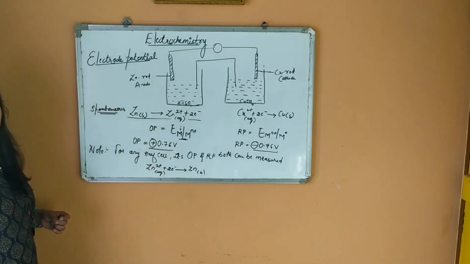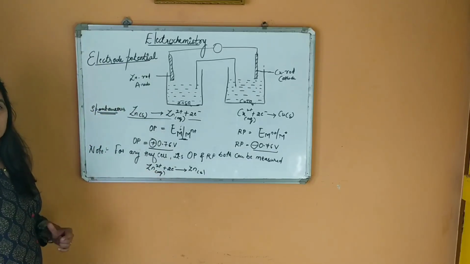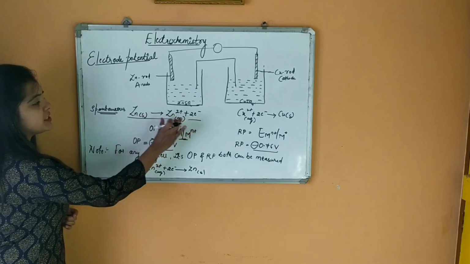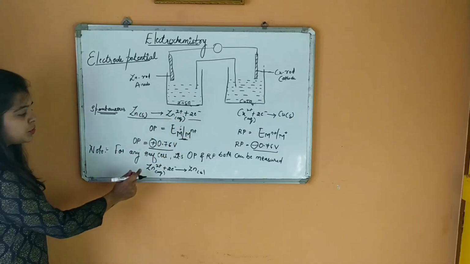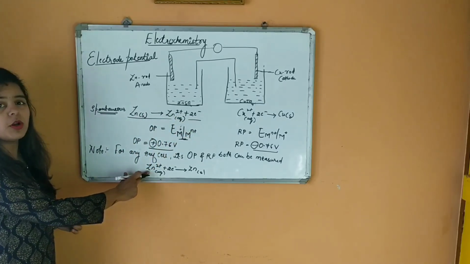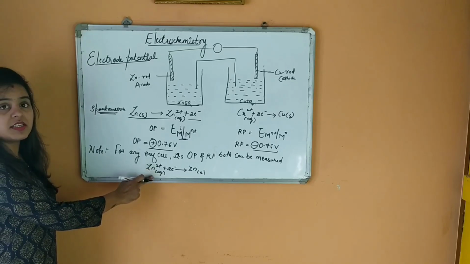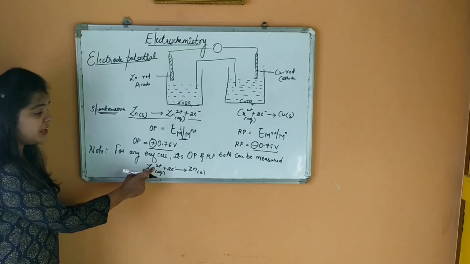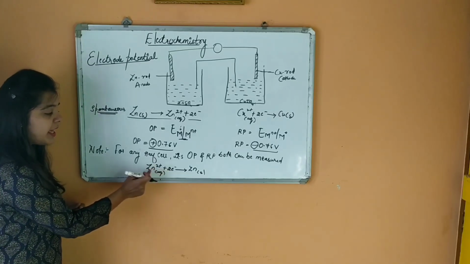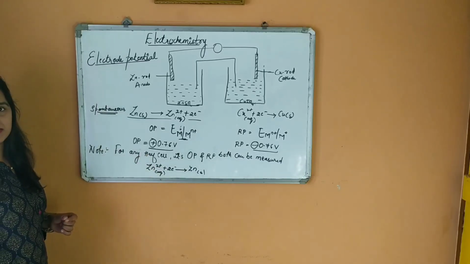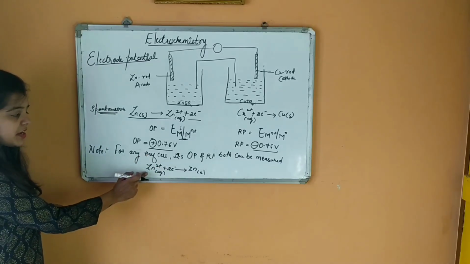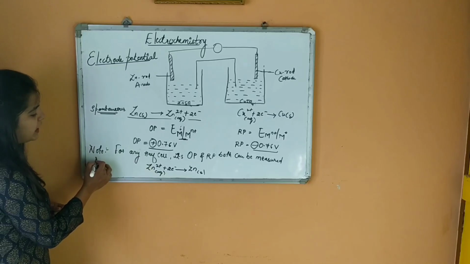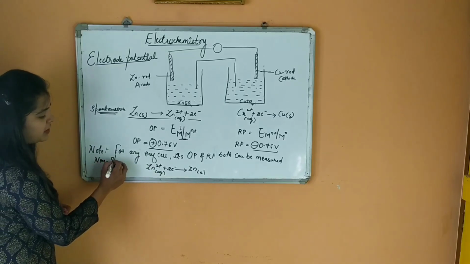Now you may ask me, ma'am, how is this reaction possible when the oxidation reaction is like this? Students, now this is no more an oxidation reaction. This is a reduction reaction because electrons are being accepted by Zn2+. And this reaction is possible, but it becomes non-spontaneous now.